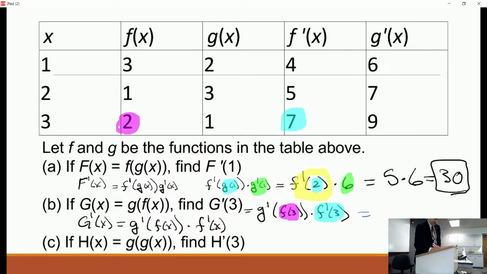All right, so this isn't too bad. G prime of 2 times 7. So hopefully you see where I got my G prime of 2. The 2 came directly highlighted. And then G prime of 2 I can read is also 7. So this one's 7 times 7, which is 49.